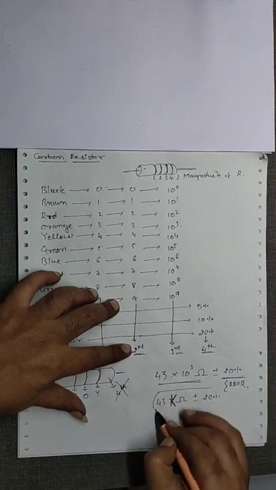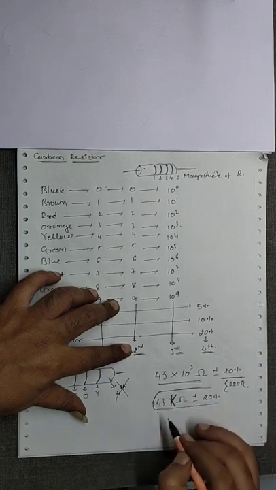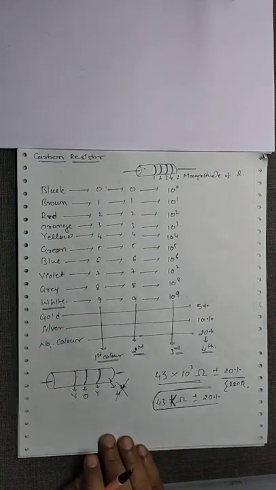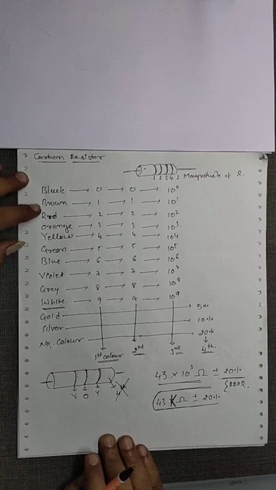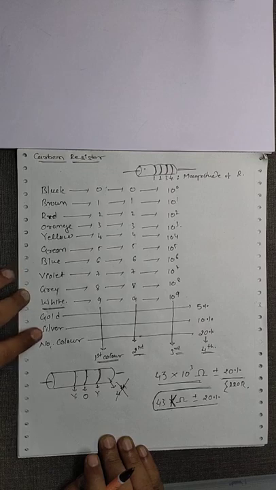In this way you can find the value of a carbon resistor. Isn't it very easy? You just have to remember that name, BB Roy goes to Bombay via Gateway with gold and silver.